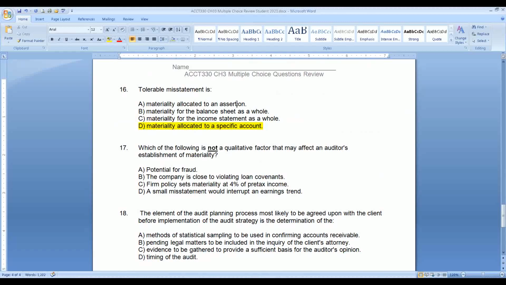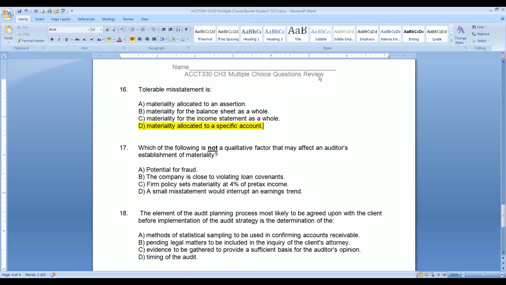The misstatement will be to an assertion, but the assertion will be for a specific account. So it's how much it's misstated by, and you will use the financial statements as a whole, but then you'll break it down to each individual account for the total misstatement.